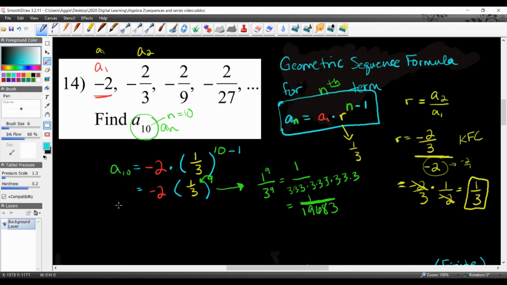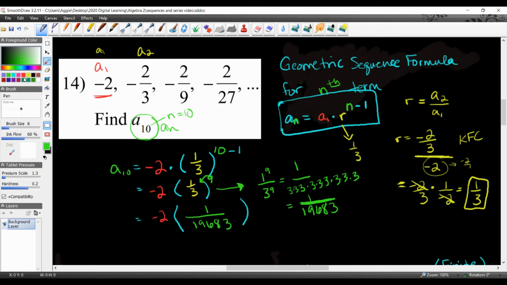Now I have a sub 10 is equal to -2 times that humongous fraction, 1 over 19,683.